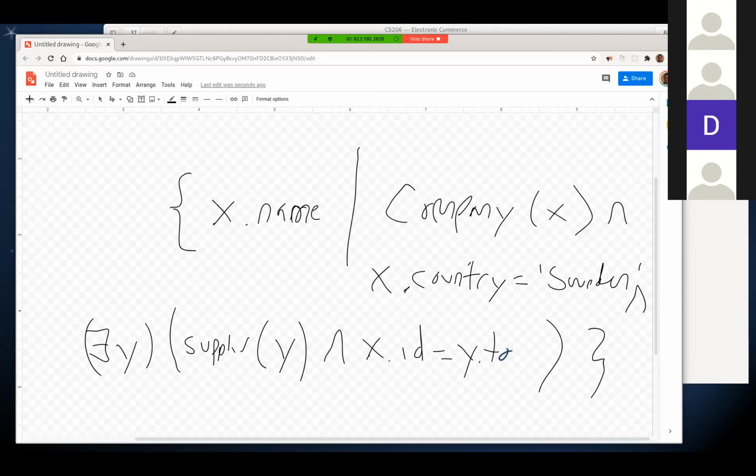We want to get the names of the companies that supply every company in Sweden. All right. Okay. So how are we going to do that? Let's do it the following way with the universal quantifier. So this will show us kind of how the universal quantifier works.